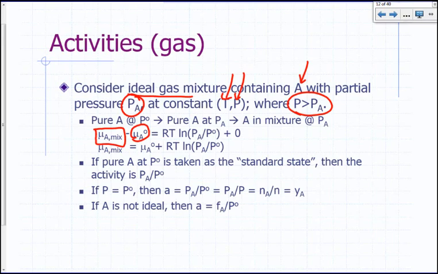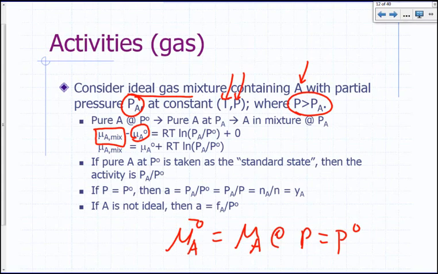The standard state for an ideal gas would be the case where your gas, at the same temperature, is at a pressure equal to P naught. So mu sub A naught would be mu sub A at P equals P naught.